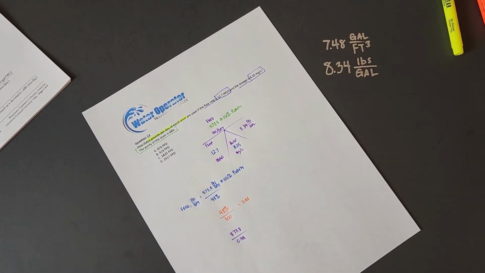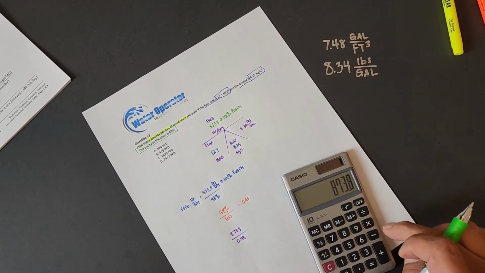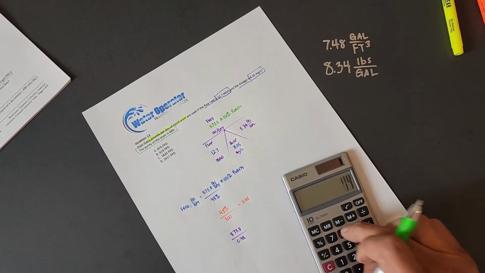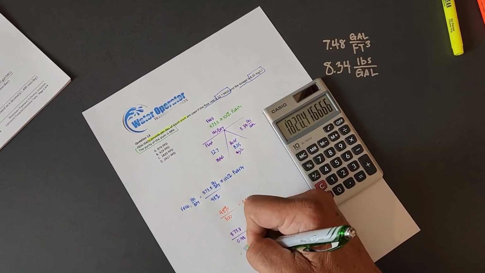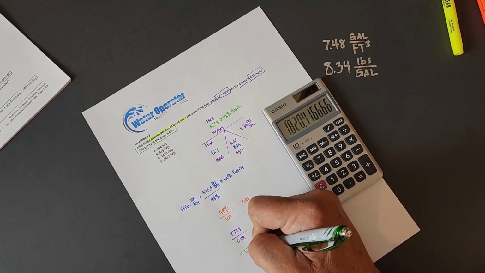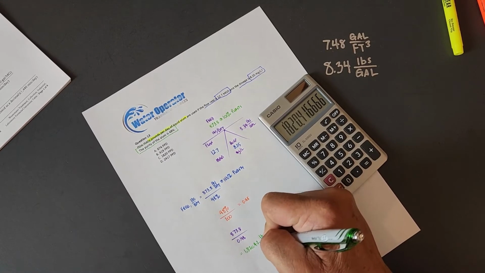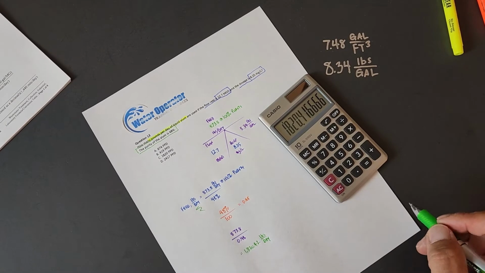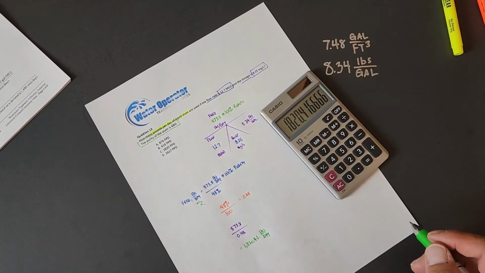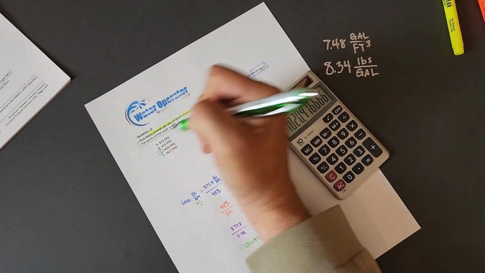That's going to give us 1,820.42 pounds per day. That's the unit of measure we're looking for. And the correct answer is C.